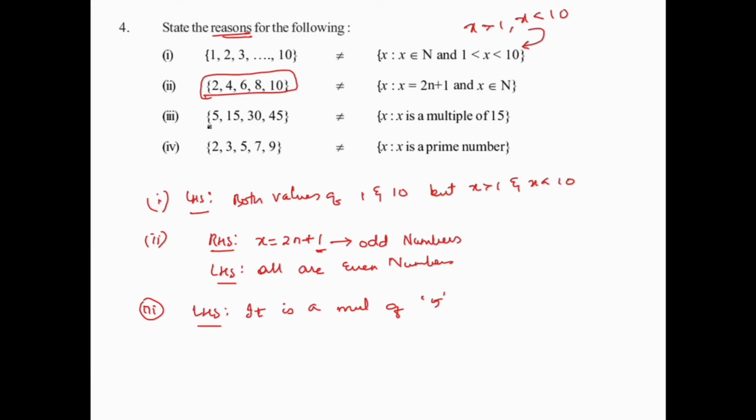When I do this, I'll get 5 into 1, I'll have 5 into 3, I have here 5 into 6, I'm having 5 into 9, right? But over here in the RHS, it says that it is a multiple of 15. Multiple of 15. Okay. It is wrong.